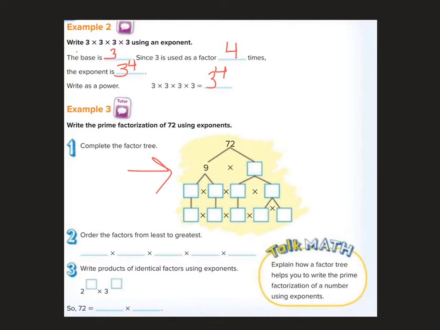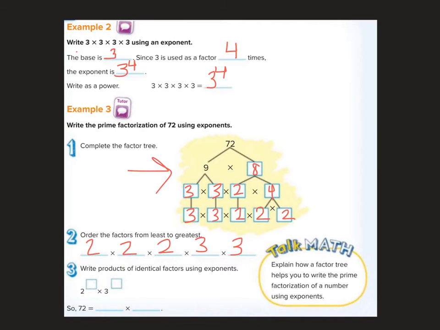We're relating to yesterday, where I broke 72 into 9 times 8. I broke 9 into 3 times 3. Those are both primes, so I'm just going to bring them down. 8 is 2 times 4. 2 is prime, bring it down. 4 is 2 times 2. Okay, so if I ordered them from least to greatest, I would have 2 times 2 times 2 times 3 times 3.